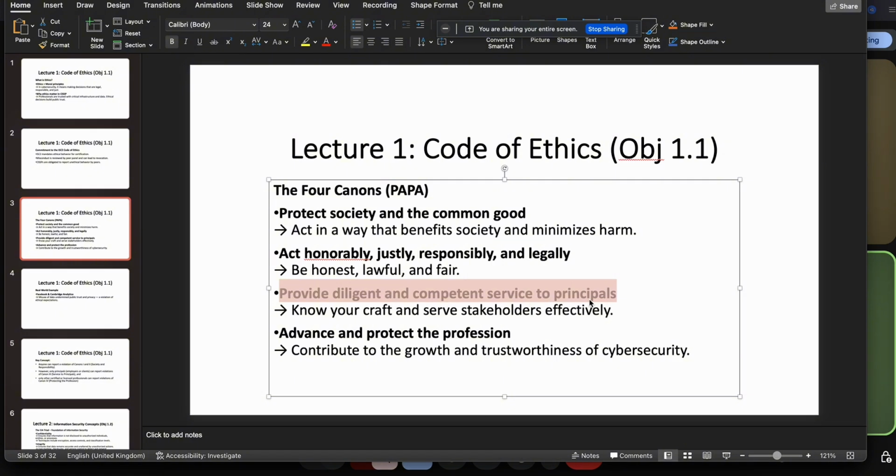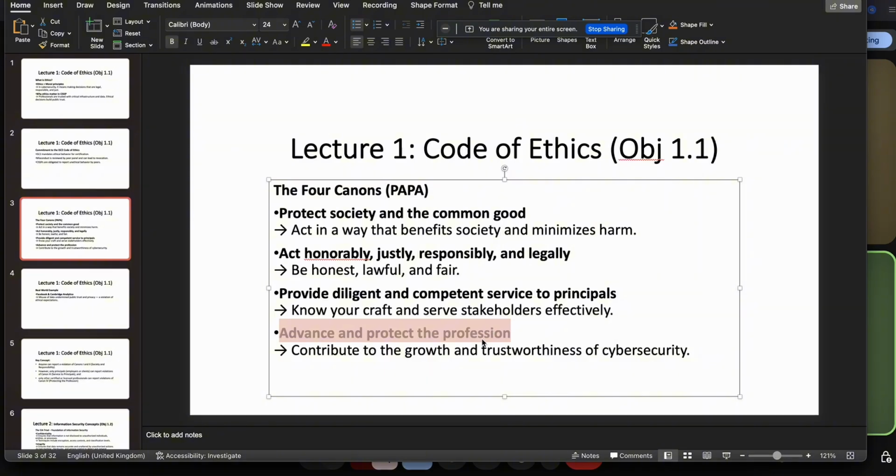So if they ask you under which clause your employer can raise a complaint against you to ISC2, it is provide diligent and competent service to principal. Okay, number 1.